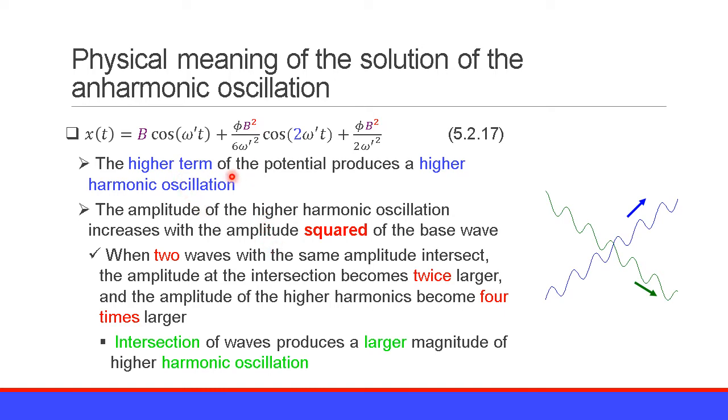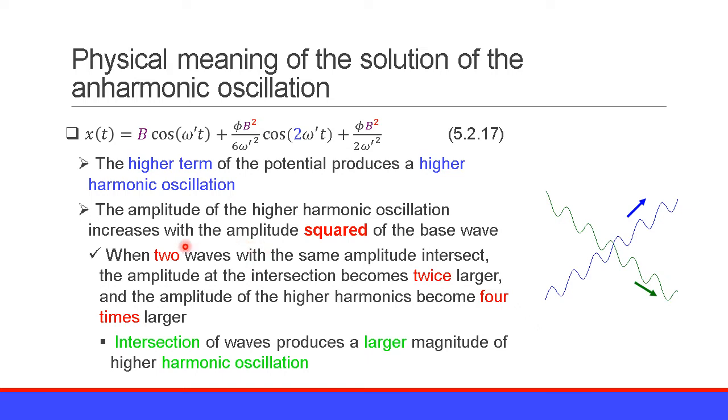The higher term of the potential produces higher harmonic oscillation, and the amplitude of the higher harmonic oscillation increases with the amplitude squared of the base wave b.